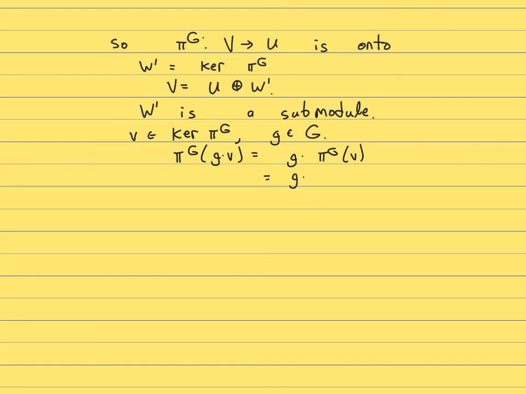Then because v is in the kernel, it gets sent to the 0 vector. And because g is a linear transformation, g of 0 is 0. So, congratulations, you found your G invariant submodule by doing this averaging calculation instead. So that gives you a proof of Maschke's theorem.